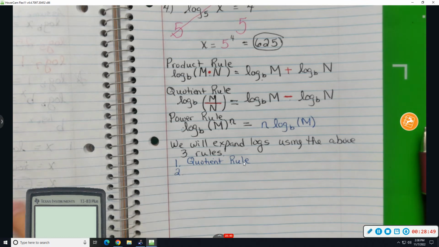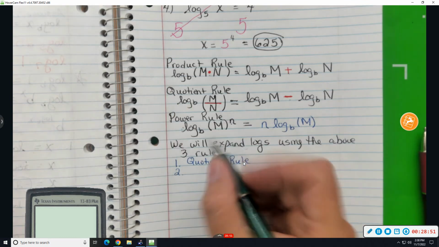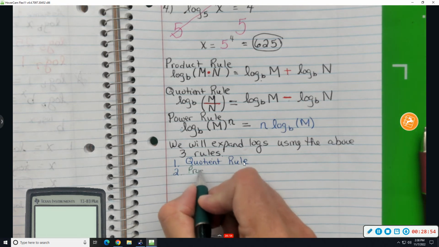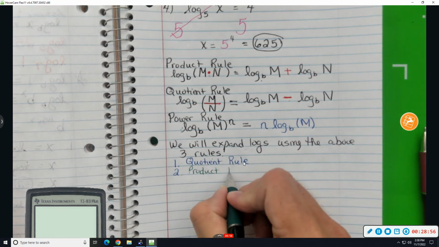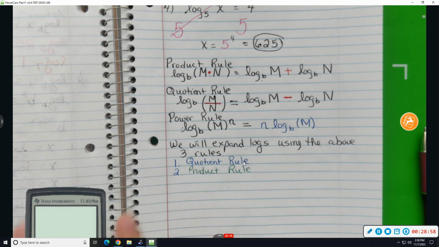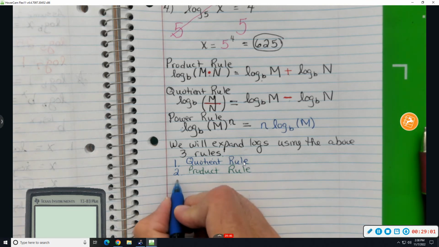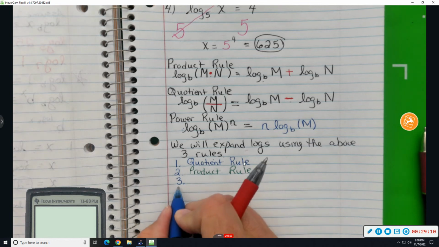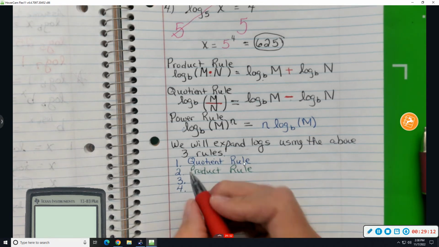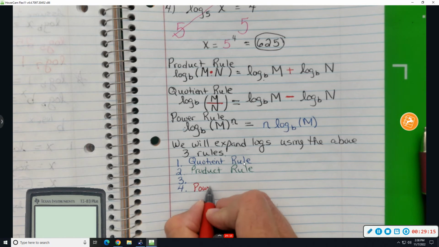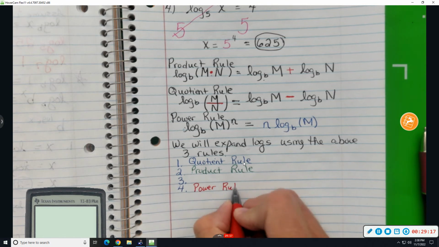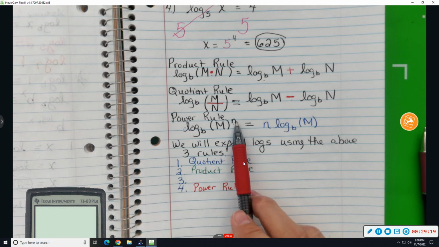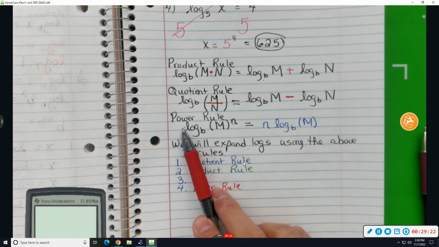Then we'll use the product rule. Now step 3, I'm going to wait to write that down. We'll see if we can figure it out when we get to that step. And then step 4, the last thing we do is use the power rule. The power rule says if you have any exponents at the end, you can move them to the front of the letter L. Okay?